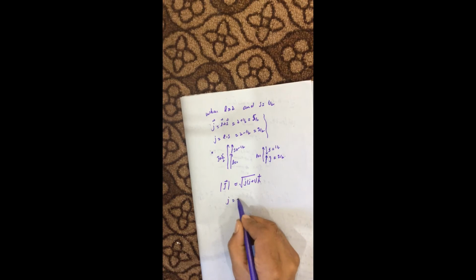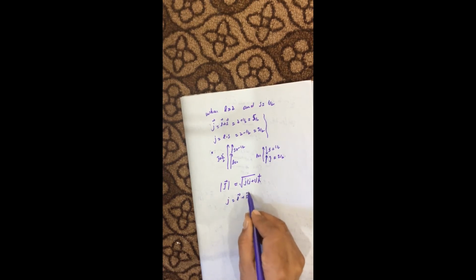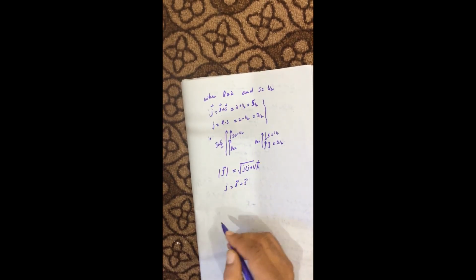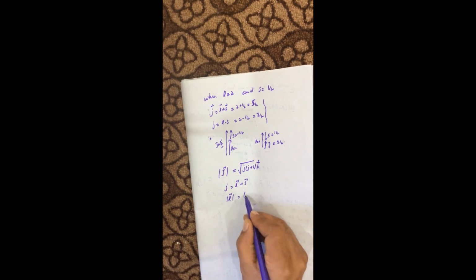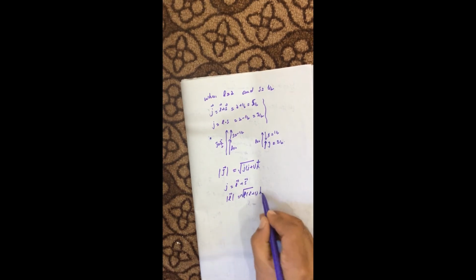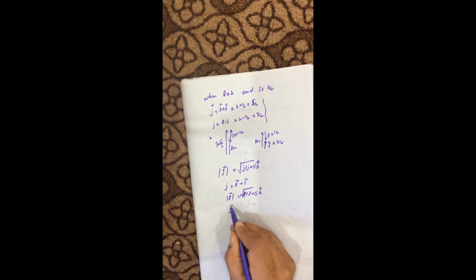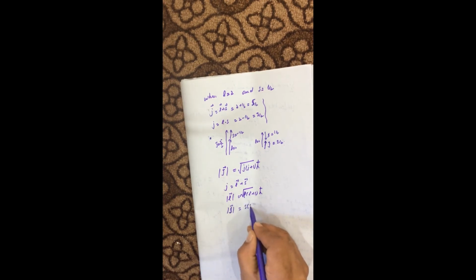Now, adding the vector L and S, we get J. The magnitude of L is given by this relation, L is equal to the square root of L into L plus 1, times h bar, and the magnitude of S is given by the square root of S into S plus 1, times h bar.